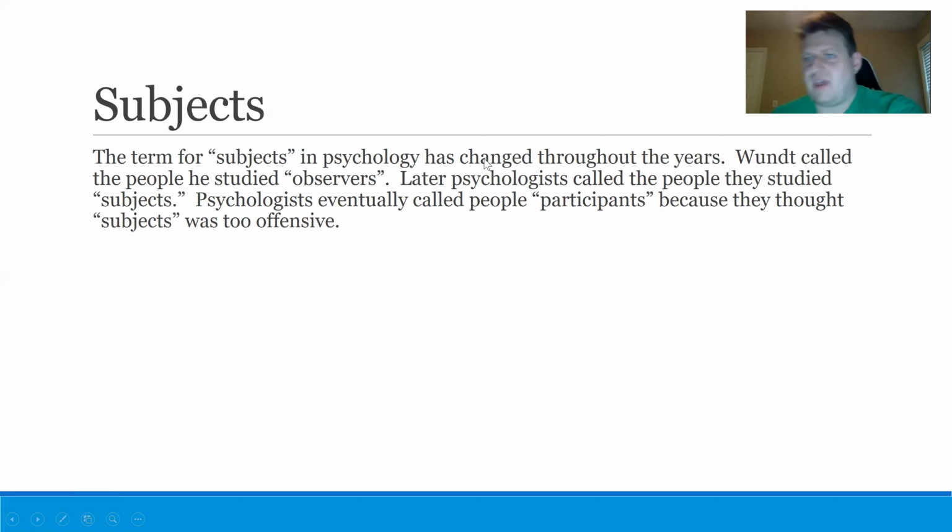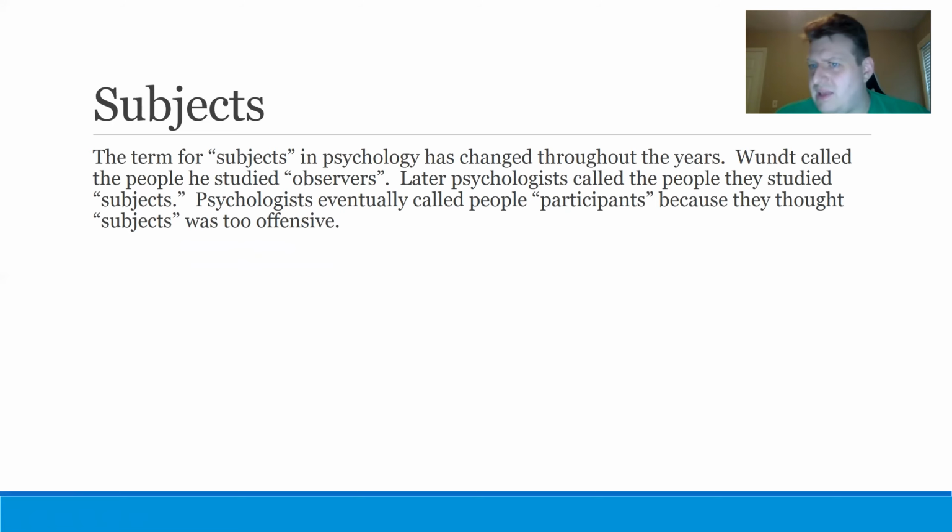So subjects. I like the term subjects. I think that it does the best job of describing the people that are involved in the research that we study. Some people in the early days of psychology called these people O's, short for observers, when we used introspection. Afterwards, we used the term subjects.